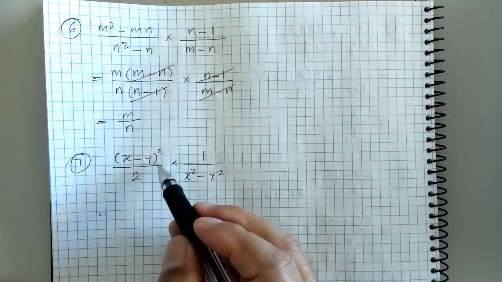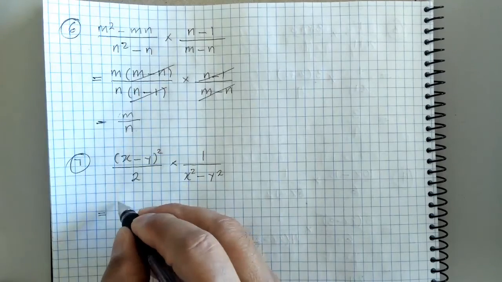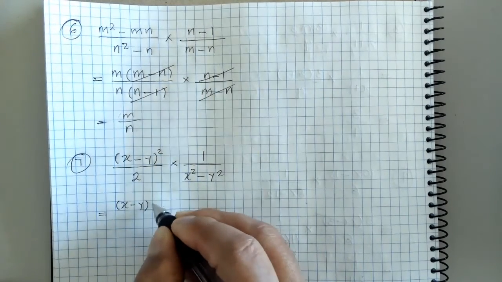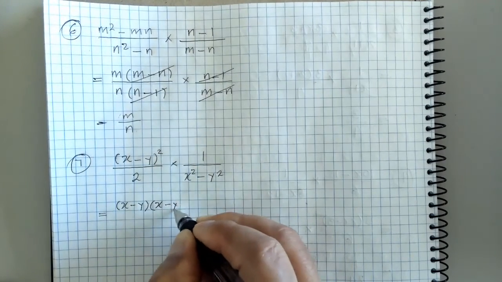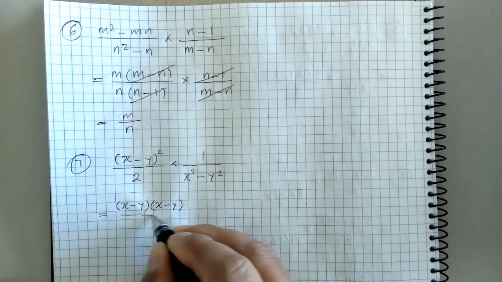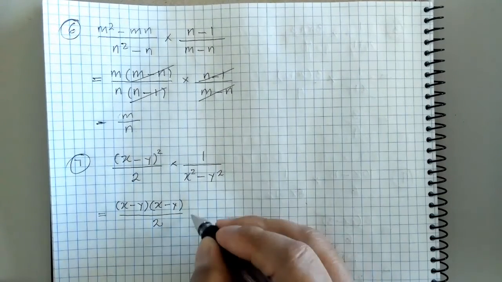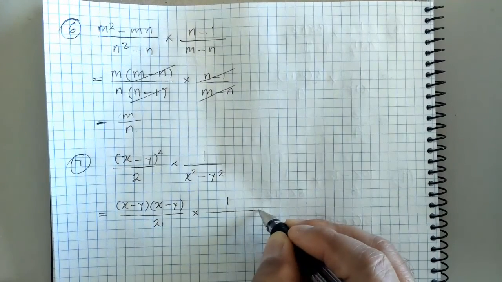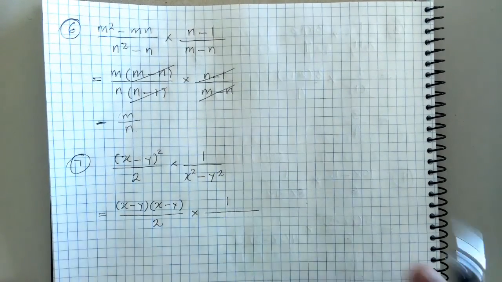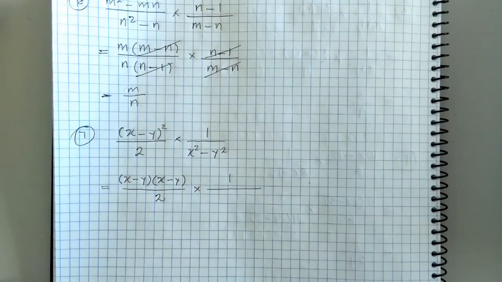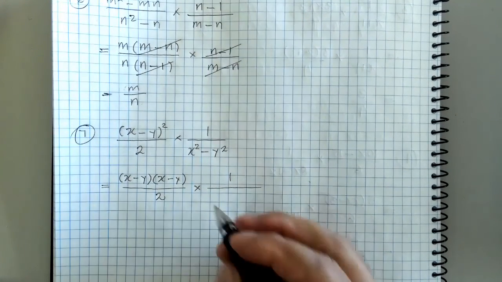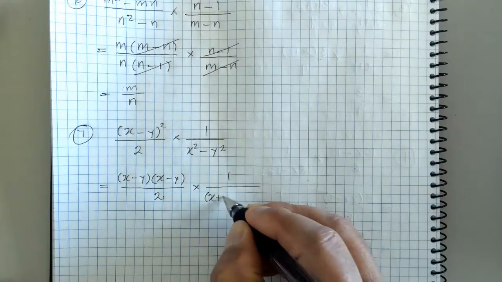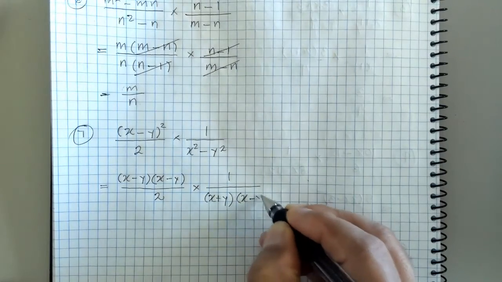We know that x minus y in brackets squared means x minus y multiplied by itself, and then times 1 over x squared minus y squared. That is the difference of two squares, so it is the same as x plus y times x minus y.